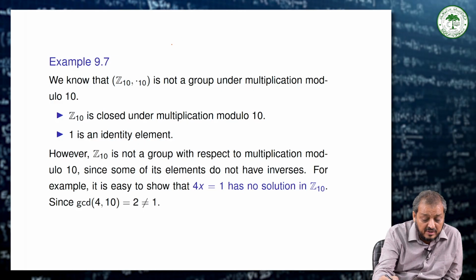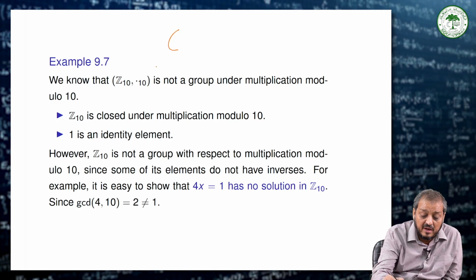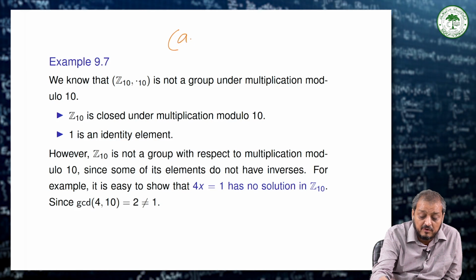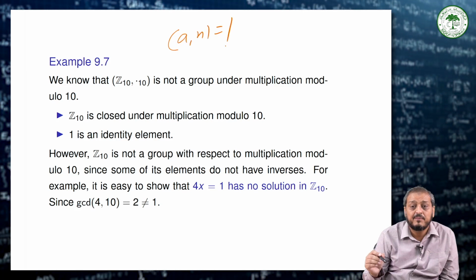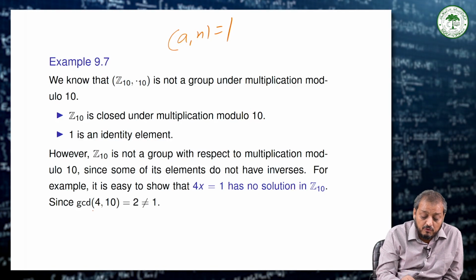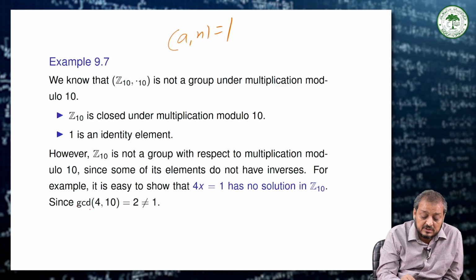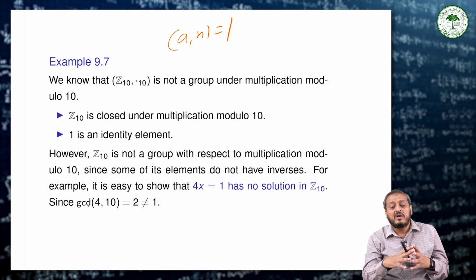If you remember, under multiplication the inverse exists only when the element a and n are relatively prime. For example, I take 4: the GCD of 4 and 10 is 2, so 4 and 10 are not relatively prime. Similarly, 2 and 10 are not relatively prime, and other elements are also not relatively prime.